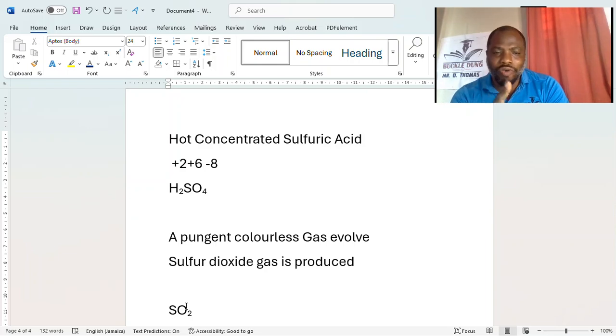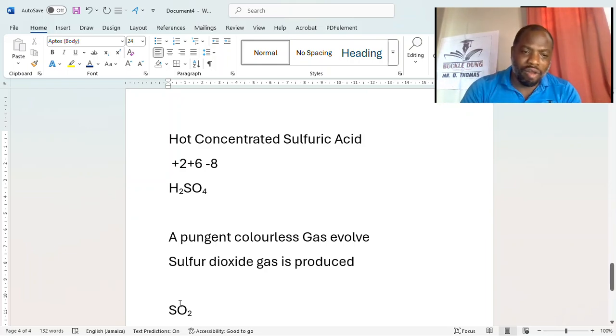Outside of that, the sulfur right here would have had a reduction in oxidation number, so let's talk about it as well. This is a -4 for the 2 oxygen, so this must have been a +4.